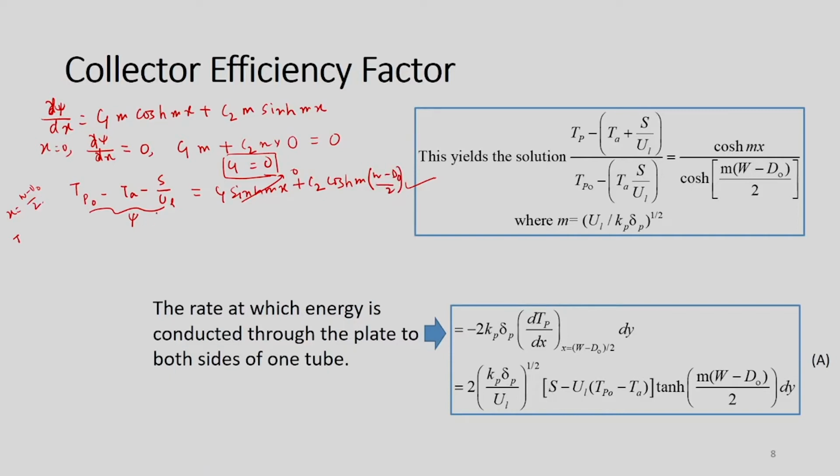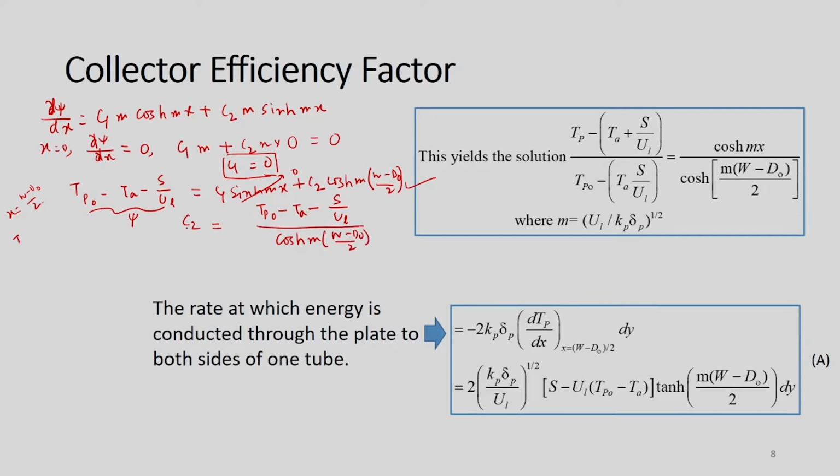So, once we simplify it, then what we will get, C2 will be Tpo minus Ta minus S by UL. Okay. And this will be divided by cosh of m(W minus D naught divided by 2).